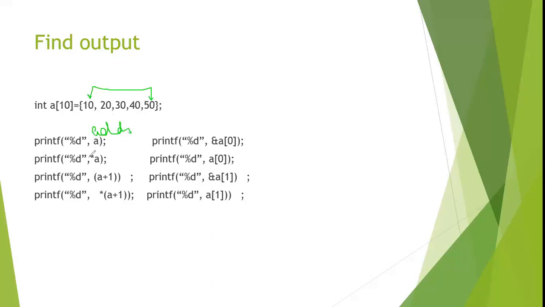If I write here asterisk A, it will give you... okay, let's keep it like this. Printf A plus 1.